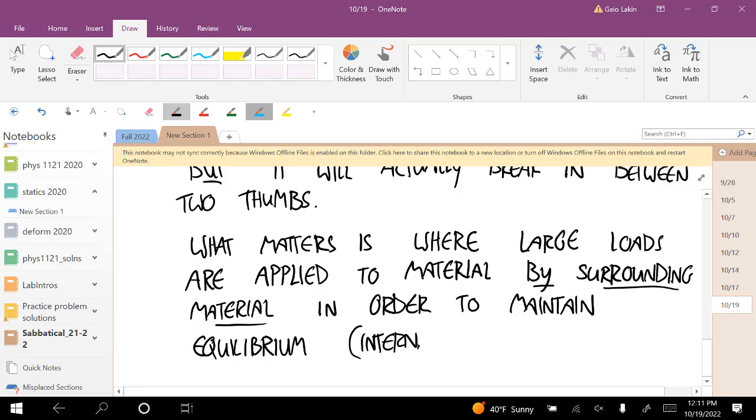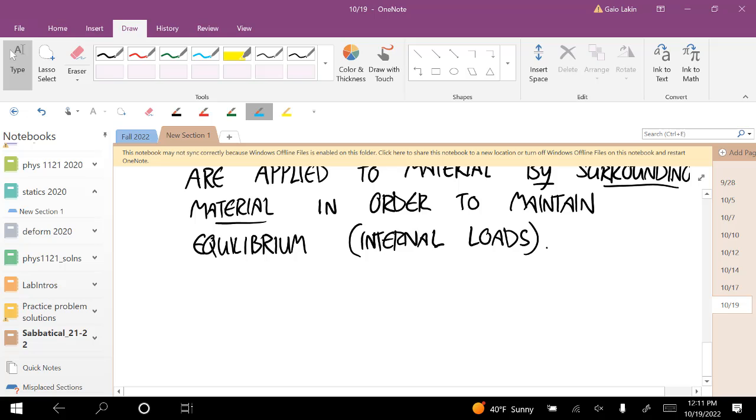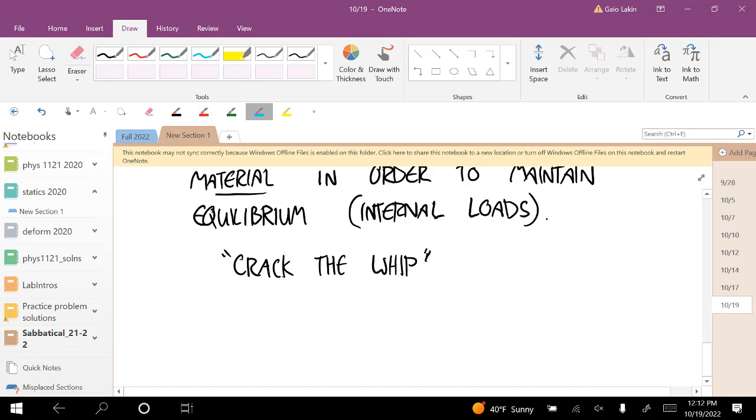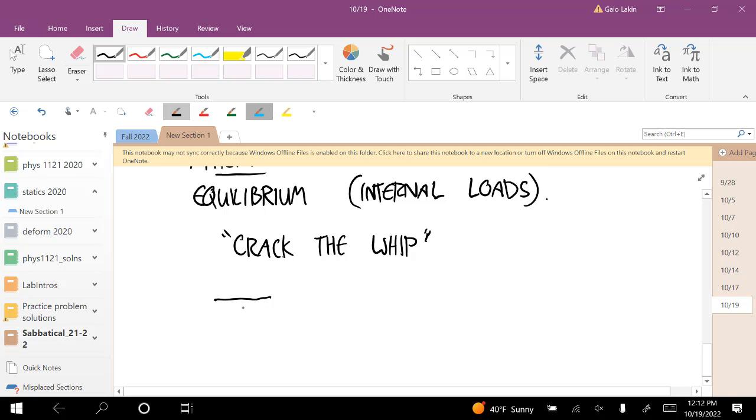So internal loads are the loads that are applied to the material by surrounding material, adjacent material. You can think of, I never used to play this, but I've seen it in movies, this game, Crack the Whip, where you get a bunch of people holding hands.